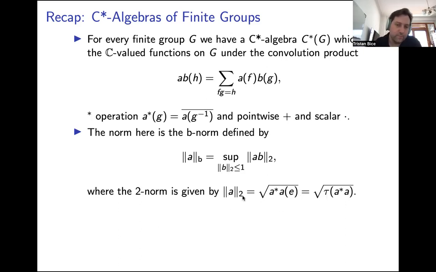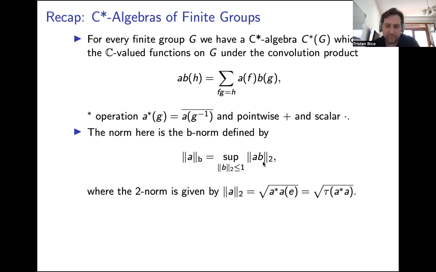So that gives you your 2 norm, and the B norm of A is really just the operator norm of A when you view it as an operator on your Hilbert space, where the operation here is just left multiplication, right?